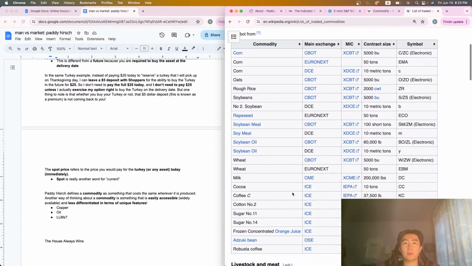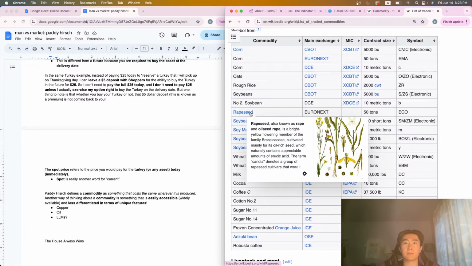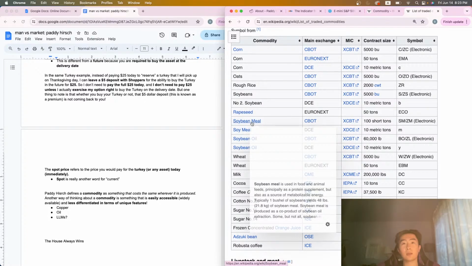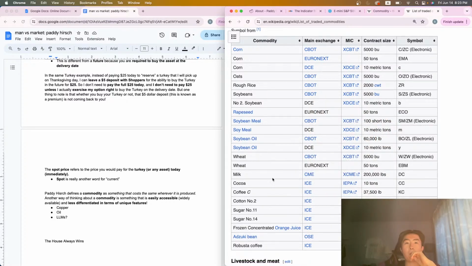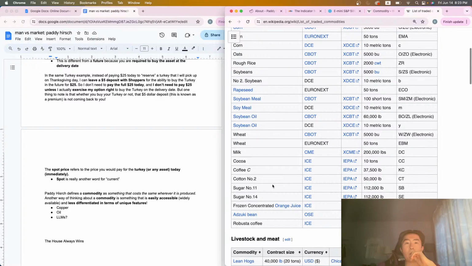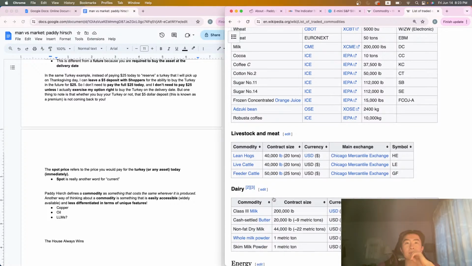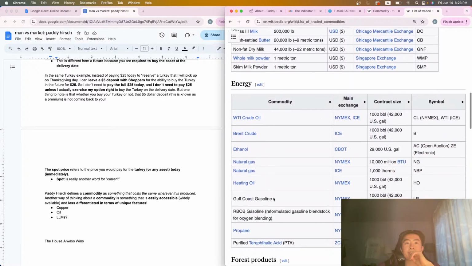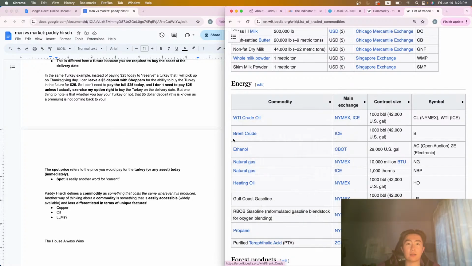Corn, rough rice, soybeans, rapeseed. Interesting. Soybean meal, CBOT, Chicago Board of Trade. You can trade coffee too, interesting. WTI, West Texas Intermediate. Okay.